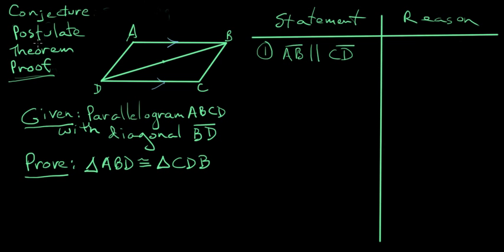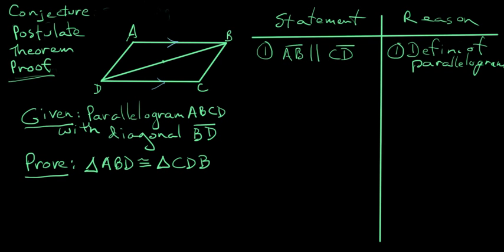How do I know those two are parallel? Well, it seems to me we have a definition of a parallelogram that says opposite sides are parallel. So if the definition of a parallelogram, then the opposite sides are parallel.